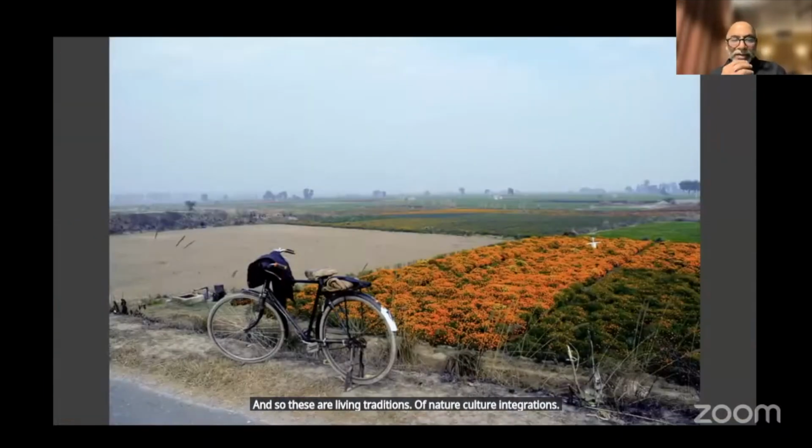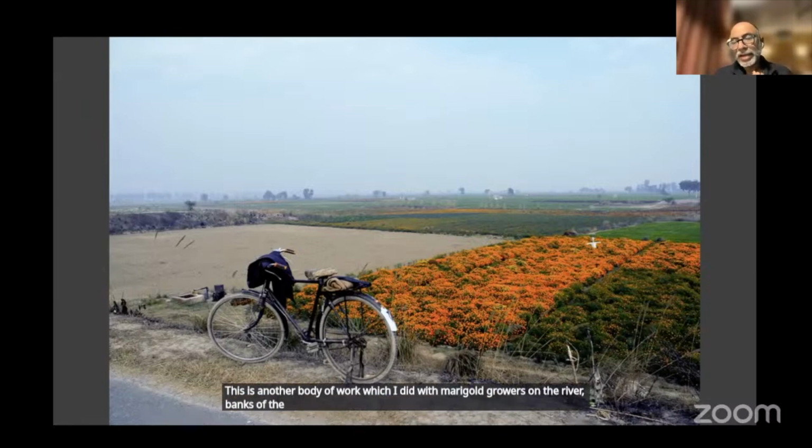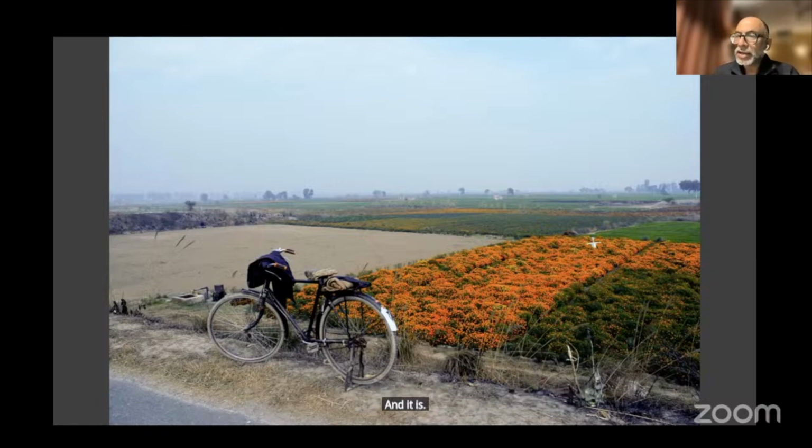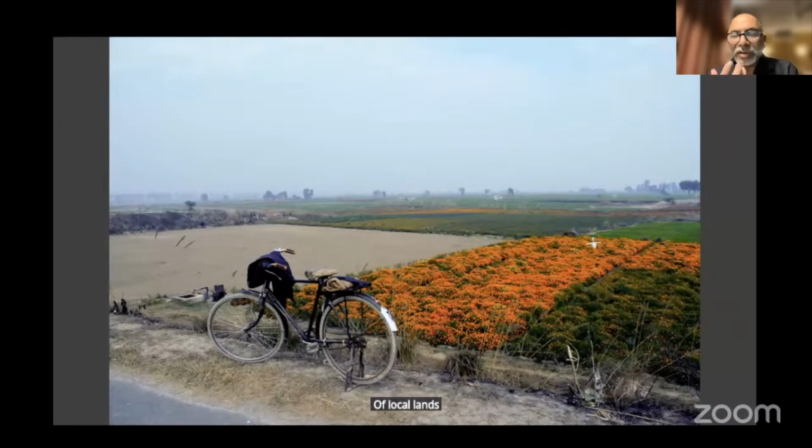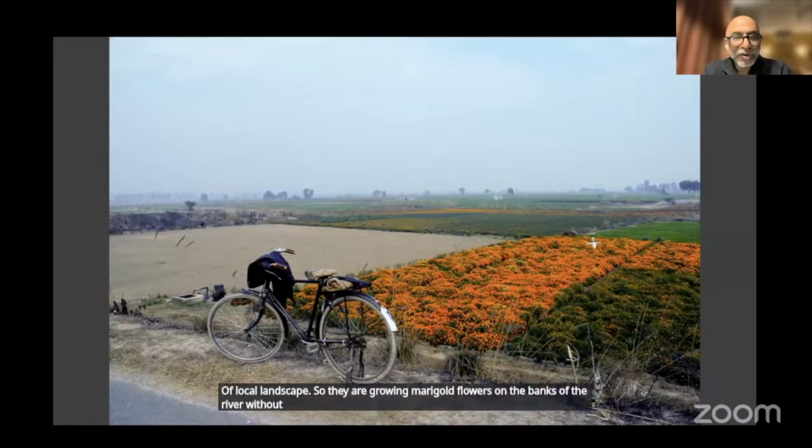This is another body of work which I did with marigold growers on the banks of the river in Delhi. And it is about how these local villagers think of sustainability and conservation of local landscape. They are growing marigold flowers on the banks of the river without any fertilizer because the soil is quite fertile already.